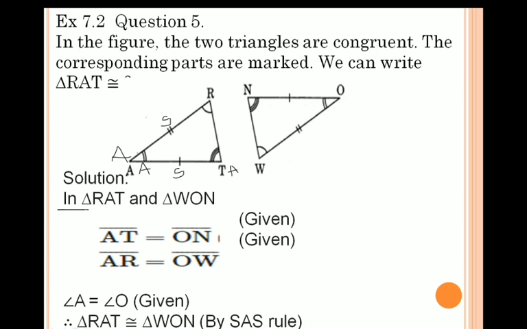In triangle RAT and triangle WON, segment AT is equal to segment ON, given, and segment AR is equal to segment OW, also given. Angle A is equal to angle O, also given. So triangle RAT is congruent to triangle WON by the SAS rule.